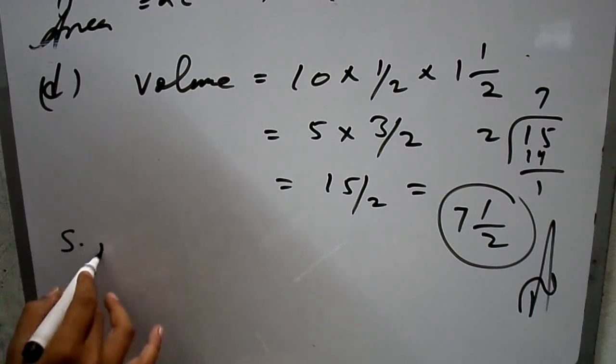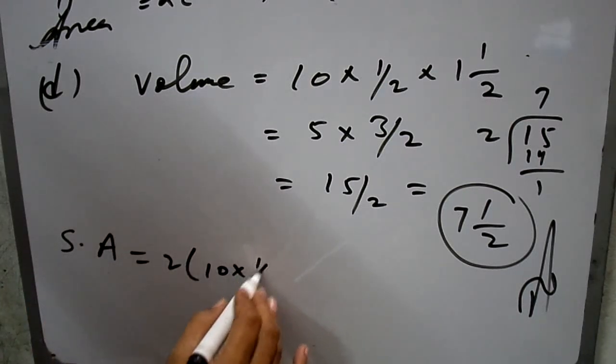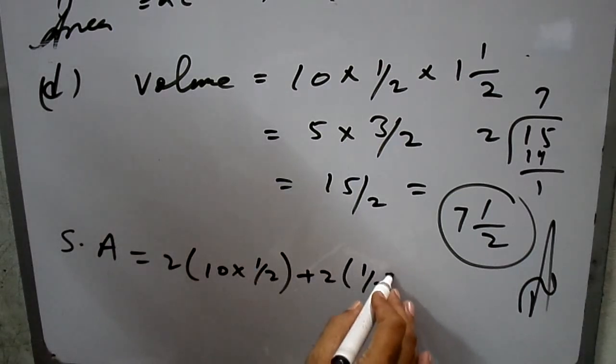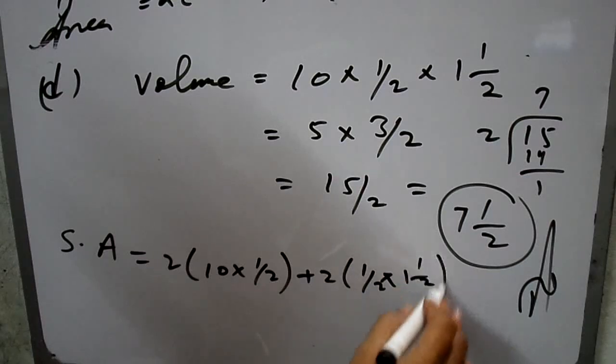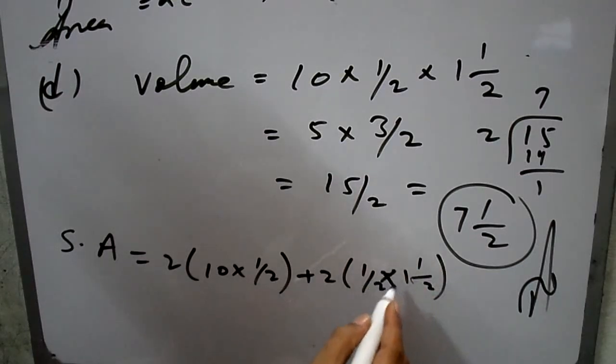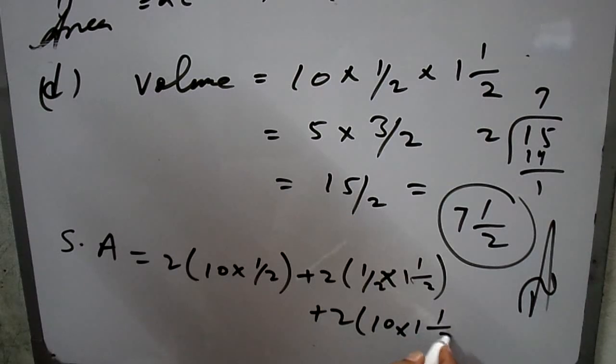The surface area of the same figure will be 2 into 10 into half plus 2 into half multiplied by 1 whole 1 by 2. These are the given values, so you only have to simplify the result.